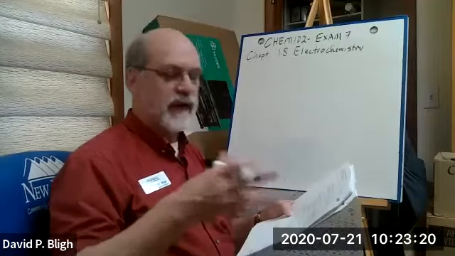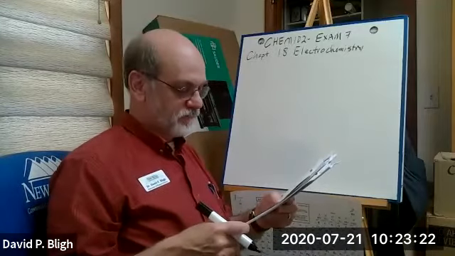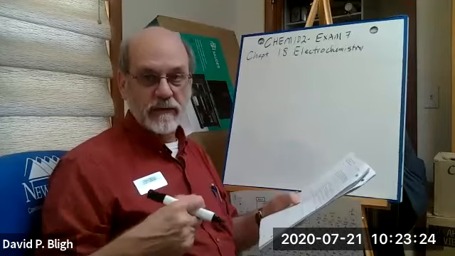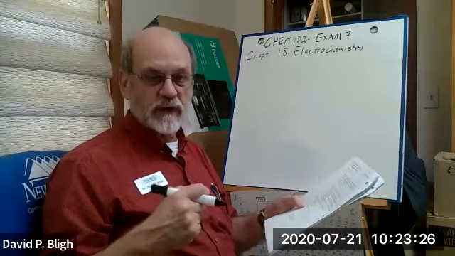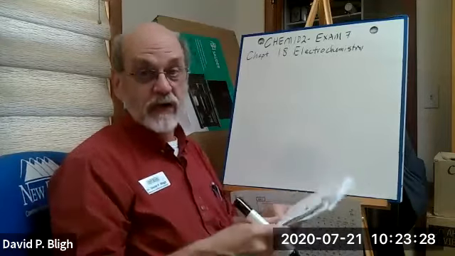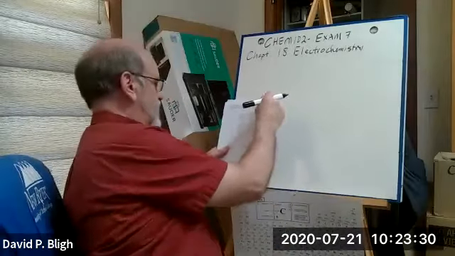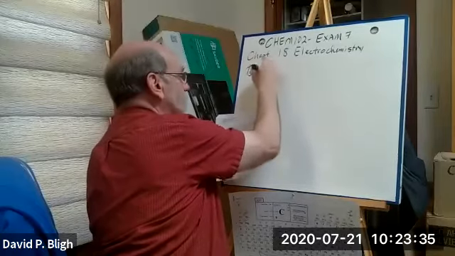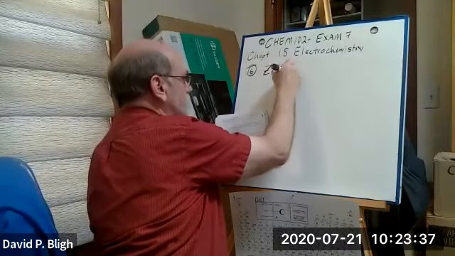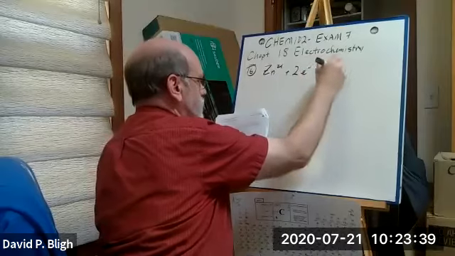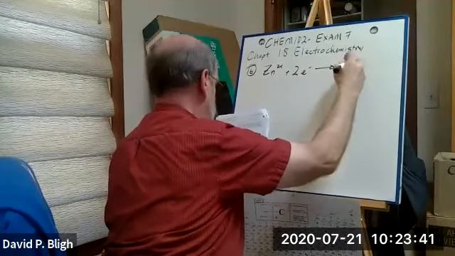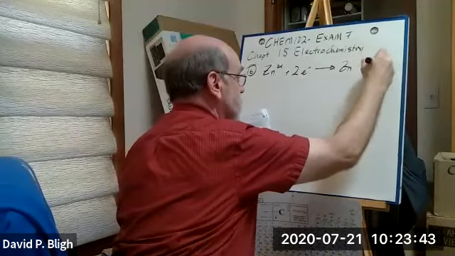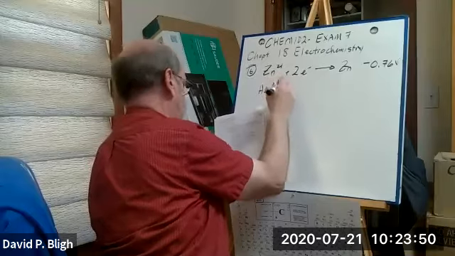So we just have to compare zinc with the other two and see which will produce a spontaneous reaction. Right? So we're given the reduction potentials for each of these, at minus 0.76 volts. Aluminum, 3 plus.